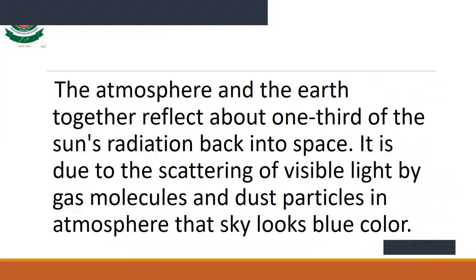The atmosphere and the earth together reflect about one third of the sun's radiation back into the space. It is due to scattering of visible light by gas molecules and dust particles in the atmosphere that the sky looks blue in color.